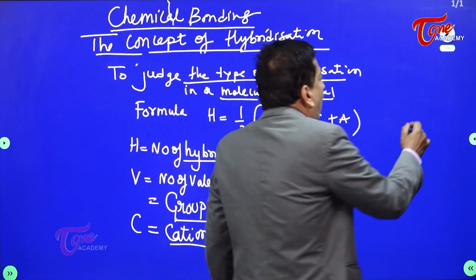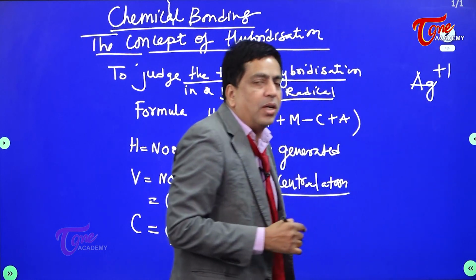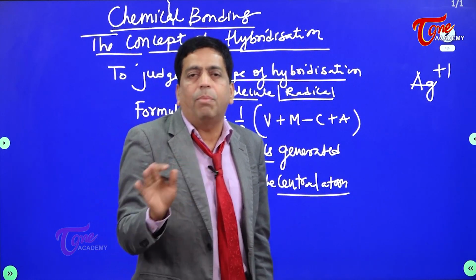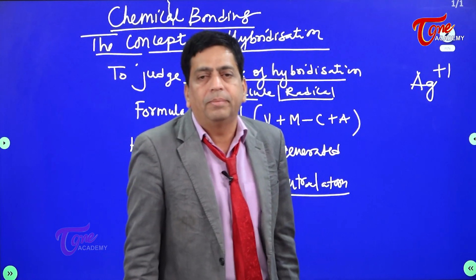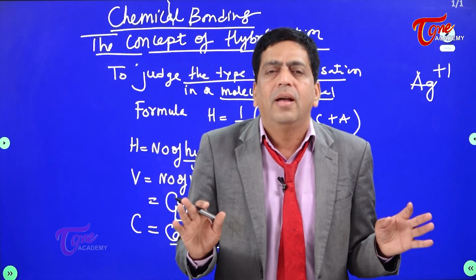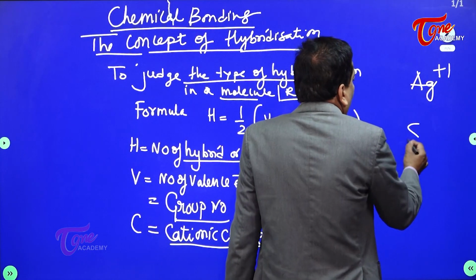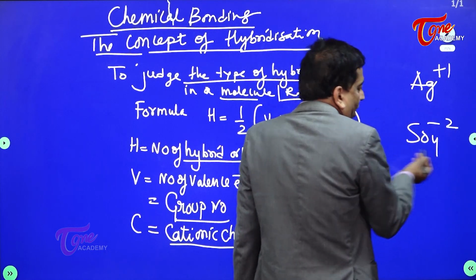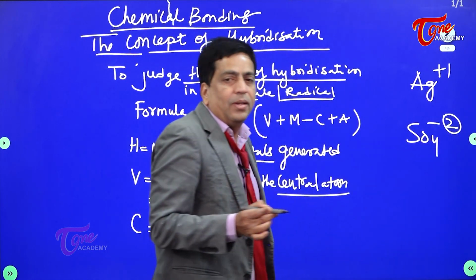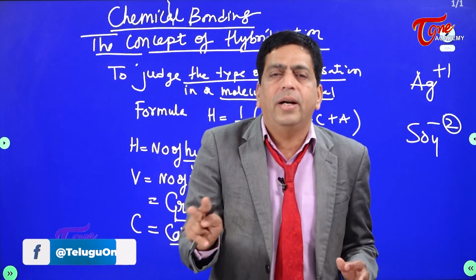For example, if someone asks the charge on silver ion, it is 1. Don't write +1. Plus and minus are adjusted over there. The charge is a scalar thing, so you need to write only the number. For example, for the sulfate ion, the charge on the anion is 2. Don't write -2.